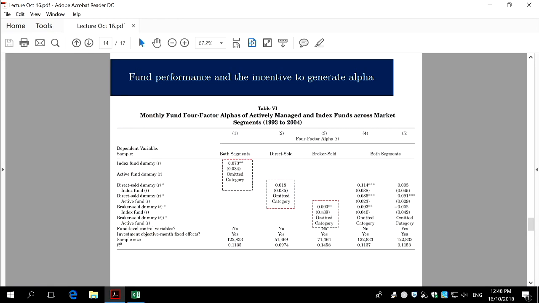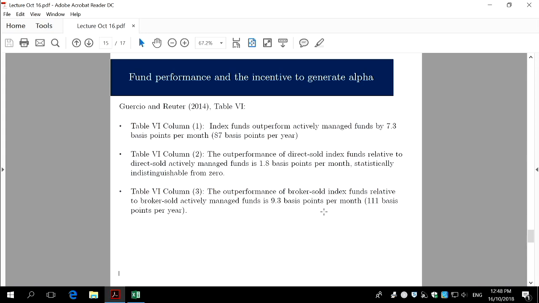The difference is 0.0893% per month. So the difference is 9.3 basis points per month, more than 100 basis points per year. So in this segment, the difference between index fund and active fund is huge. Index funds outperform active funds a lot.